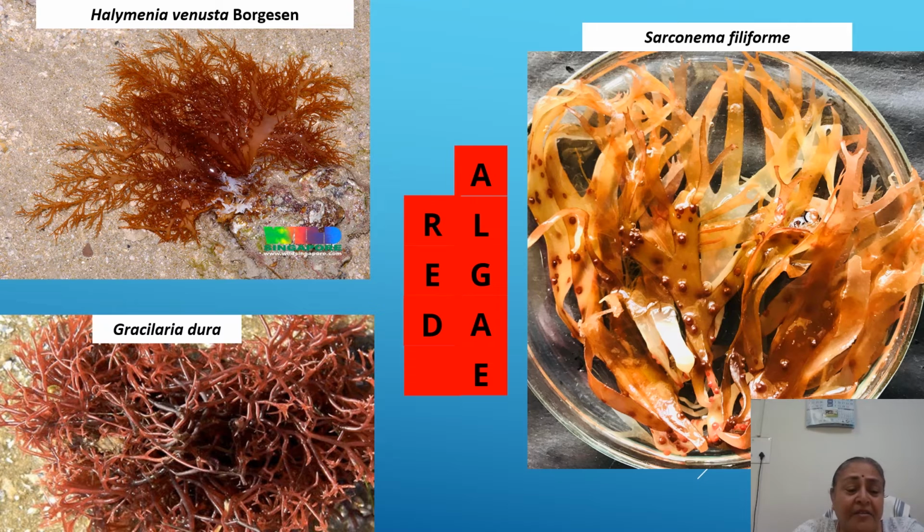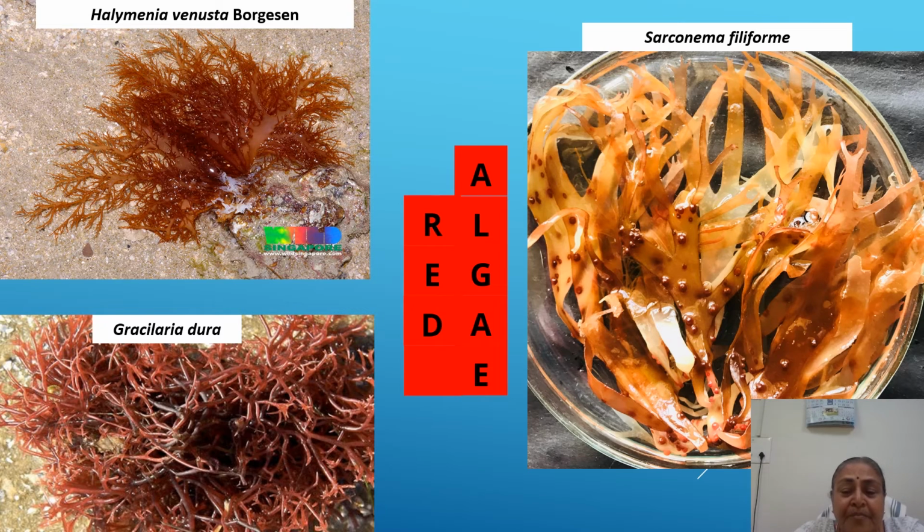One more algal species I am speaking of, Gracilaria dura, is a very important species from the industrial point of view, and it produces a valuable compound known as agar from its gelatin, and this is very important from the industrial point of view.